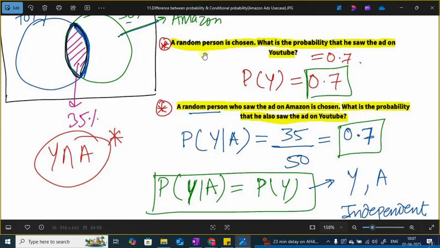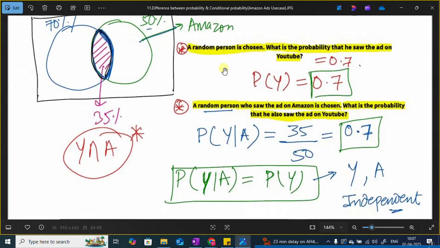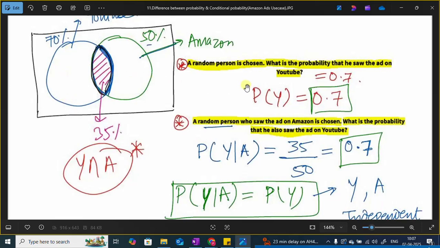Here I'm asking, a random person is chosen. Out of this, I choose a random person. What is the probability that he saw the ad on YouTube? If I'm telling he saw the ad on YouTube, then this blue color circle belongs to YouTube only.